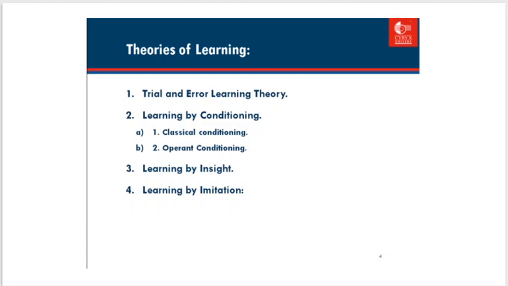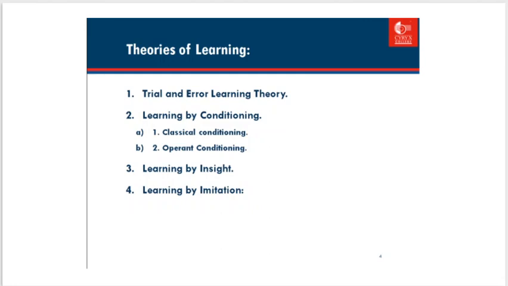Sub-principles of classical conditioning. A. Extinction and spontaneous recovery. Extinction means cessation of a response. The strength of the CS gradually decreases when it is presented alone and not followed by UCS for a number of trials. This process is called extinction. In this experiment, when only the bell is presented without food for a number of trials, the dog stops salivation gradually.